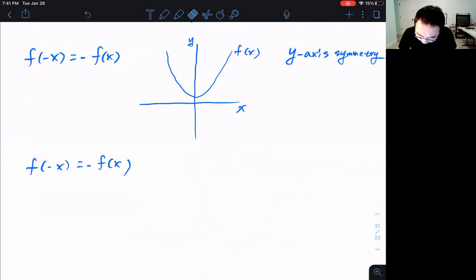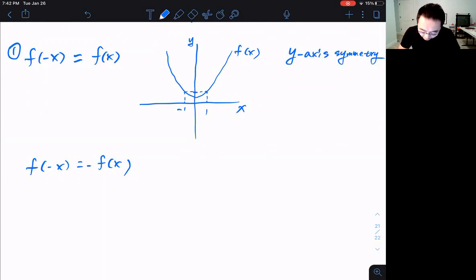With the first one, y-axis symmetry is f of negative x equals f of x. Sorry, I jumped the gun a little bit. So whether it's -1 or +1, it gives you the same y value. That would be your y-axis symmetry.